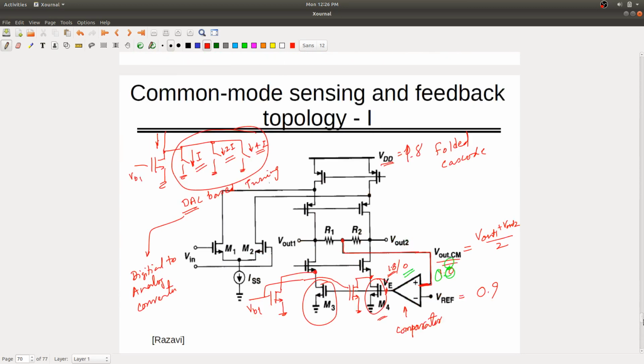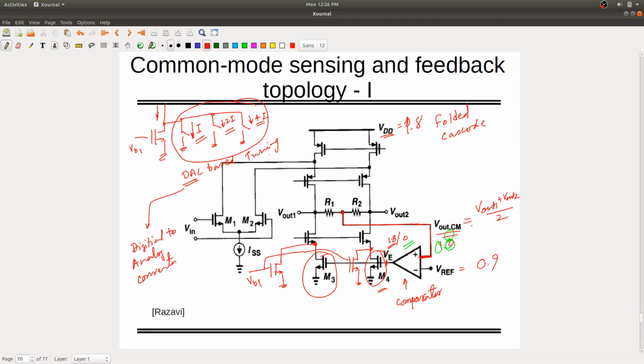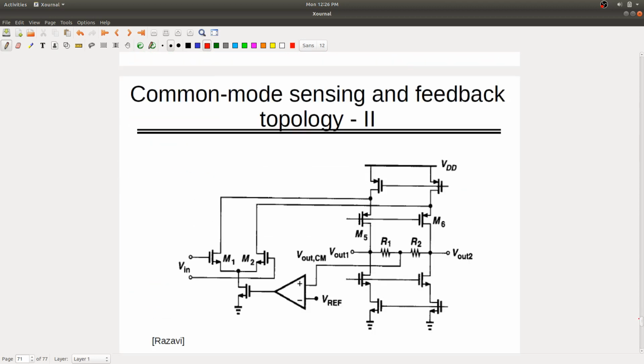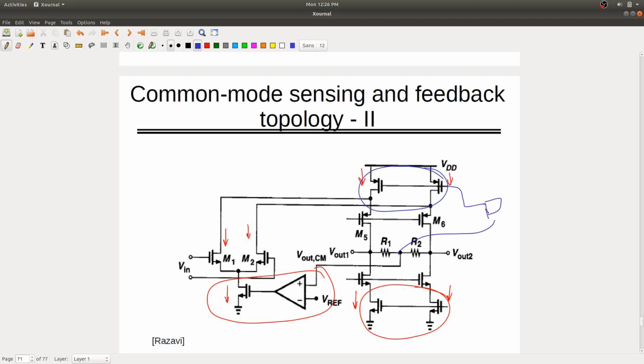Somebody can sense this and compare, and they can tune the first current also. Rather than tuning this current, they can tune this current also, because there are possibilities that this current is controlled by this transistor, this current is controlled by this, or maybe these two transistors. So the third choice, maybe you can control these two transistors by this.